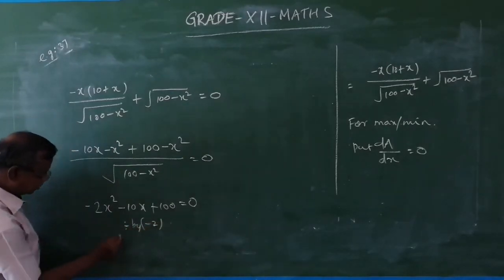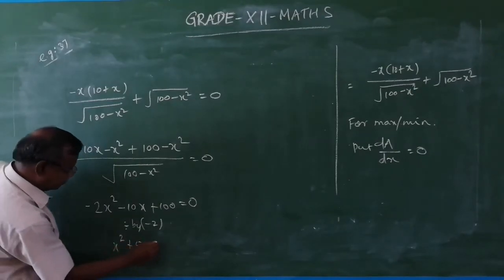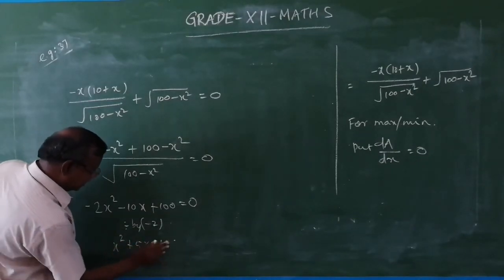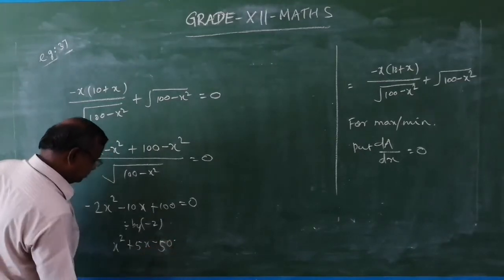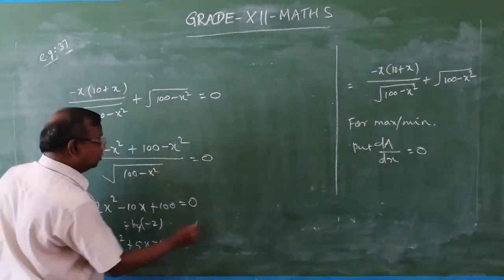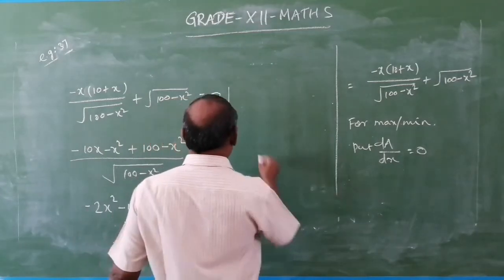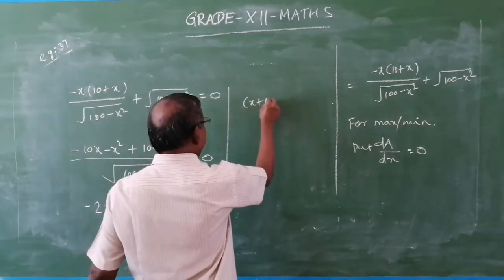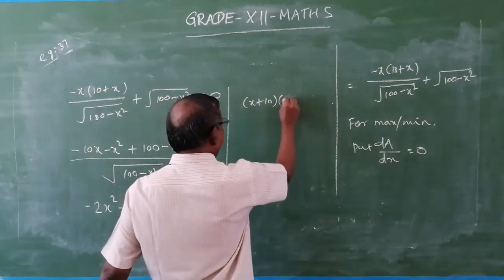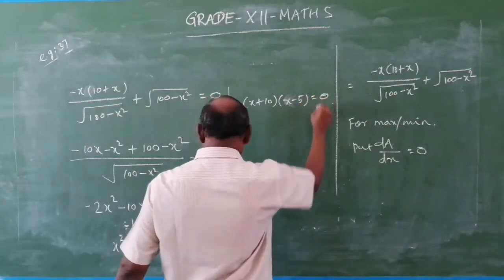So x square plus 5x minus 50 equal to 0. By simplifying, it is (x plus 10) into (x minus 5) equal to 0.